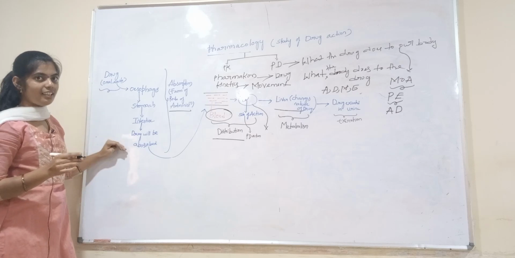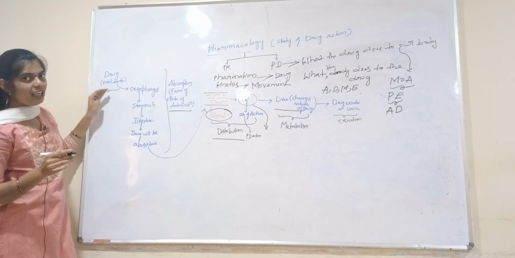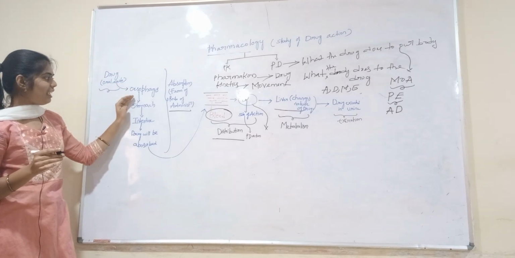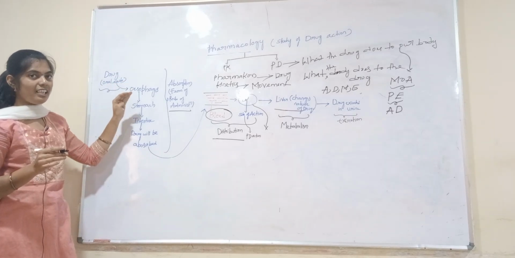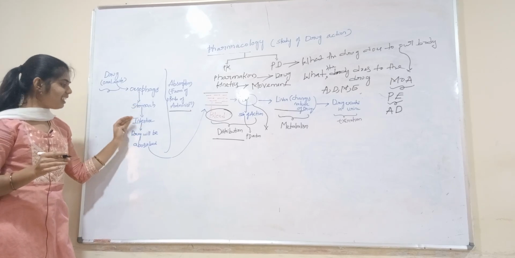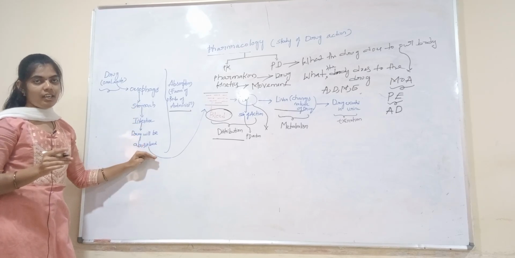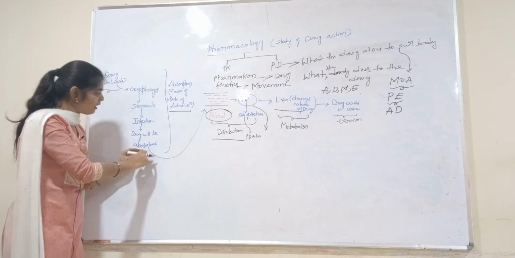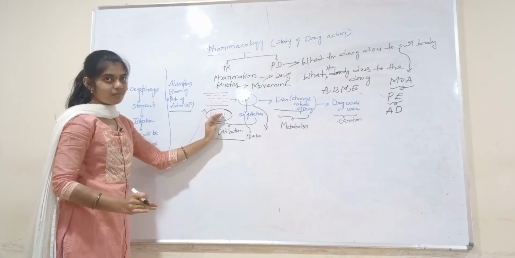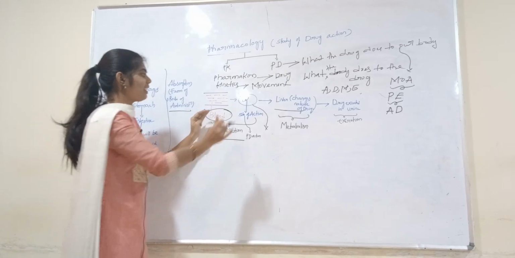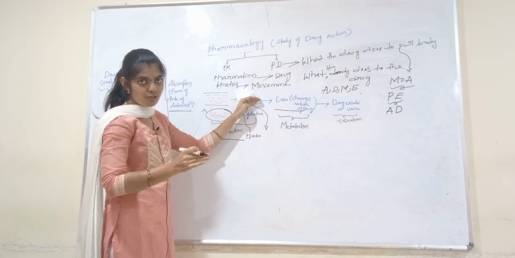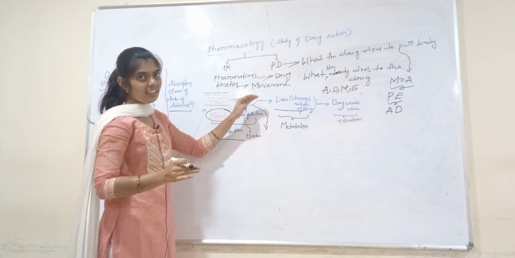I have taken the drug by the oral route. Then the drug reaches the esophagus, from the esophagus it reaches the stomach, and from the stomach it reaches the intestine, and in the intestine the drug will get absorbed. Then after absorption from the intestine, the drug reaches the blood. Then from the blood the drug reaches the organ or any site of action where it has to show its activity.